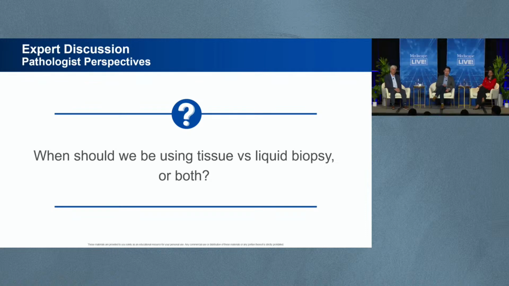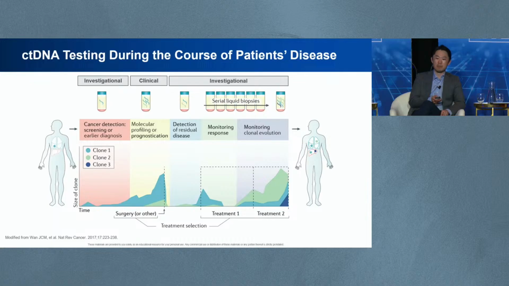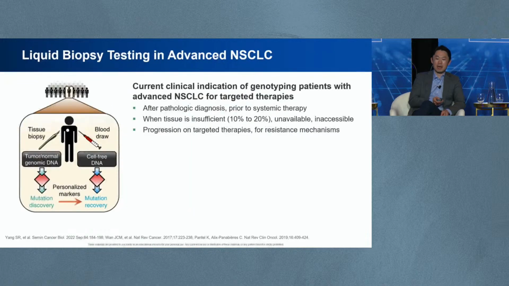Okay. All right, so here we'll just quickly, again, talk about liquid biopsy testing. Right now, we're really focusing on the clinical genotyping right in the middle. There are emerging technologies that are being used in an investigational setting for screening as well as MRD. And right now, the current clinical indication for patients with advanced non-small cell lung cancer is really for genotyping patients, so after pathologic diagnosis, prior to systemic therapy.